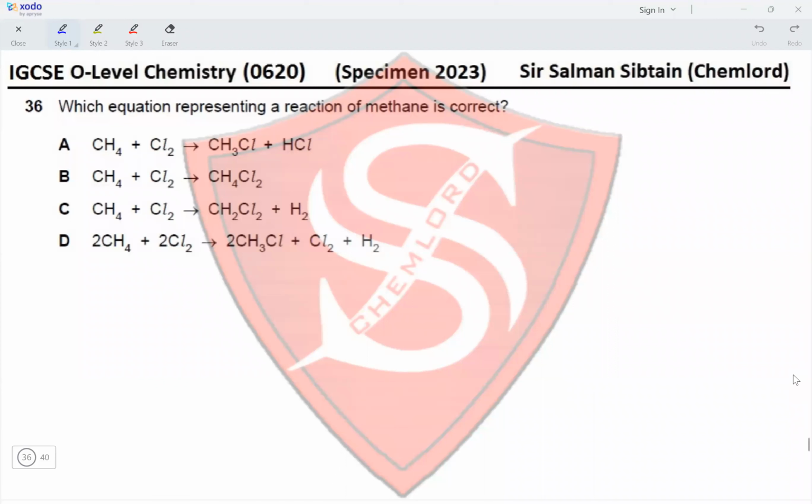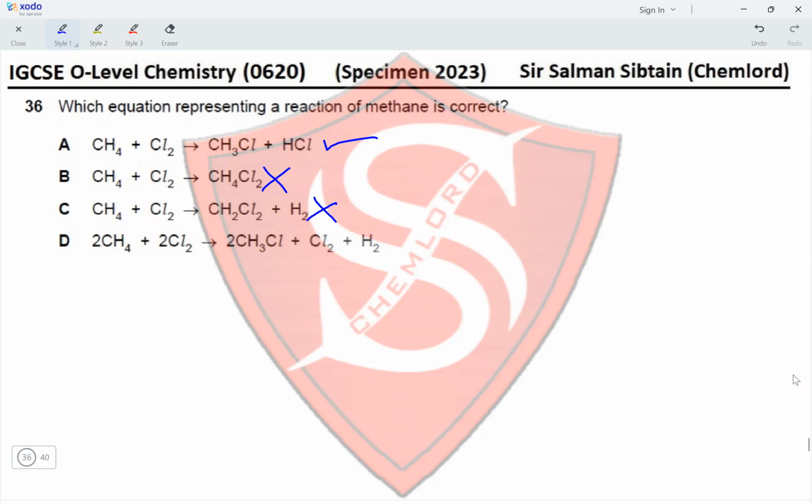Question 36. Which equation representing a reaction of methane is correct? Methane plus chlorine gives chloromethane plus HCl. Yes, this is a substitution reaction that takes place in alkanes. And we've got methane plus chlorine adding on to methane. No, this does not happen with alkanes. We have methane plus chlorine producing dichloromethane and releasing hydrogen gas.